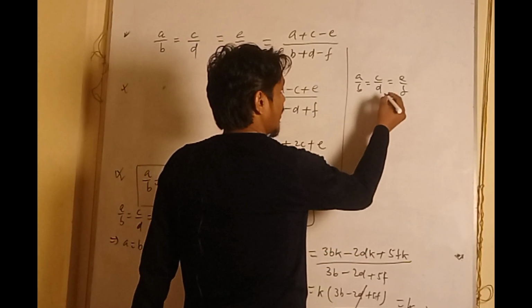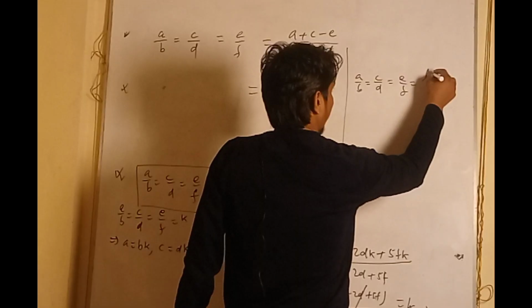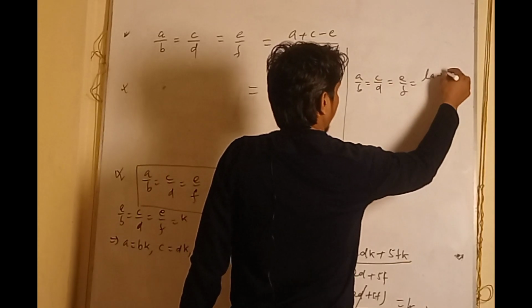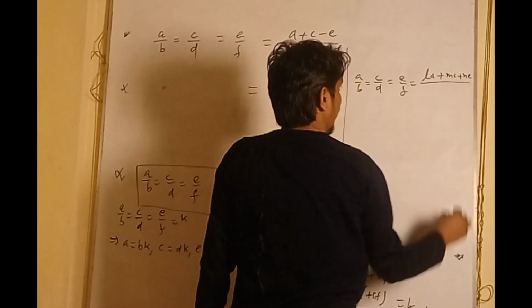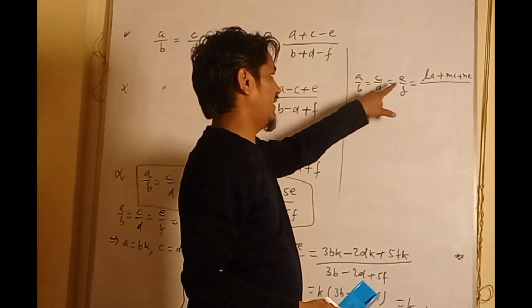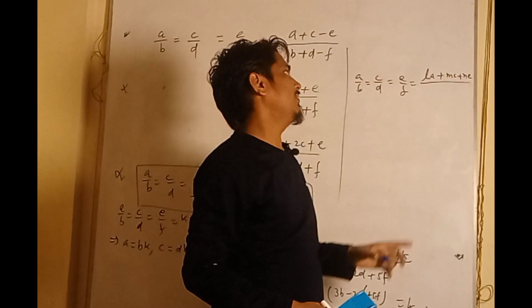So we can write it in general, with any numbers l, m, n, as l times a plus m times c plus n times e. I have multiplied a by l, c by m and e by n.